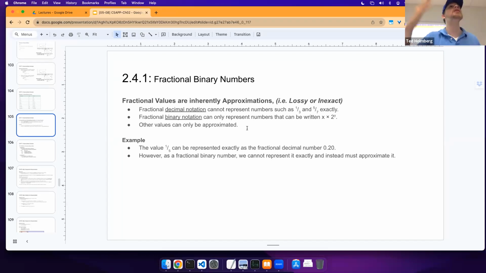What's interesting, though, is sometimes you can have an exact representation in base 10, like in the instance 0.2. But if I try to translate that into a binary fractional number, all of a sudden I can't represent it. I cannot use a finite number of bits to represent that. It's an approximation. I'll use up as many bits as possible, and then I'll just have to round it off.